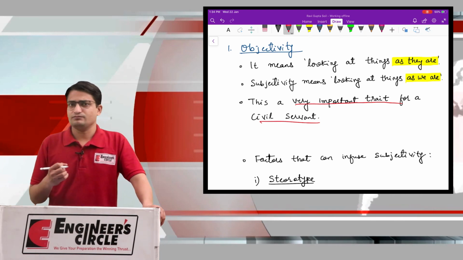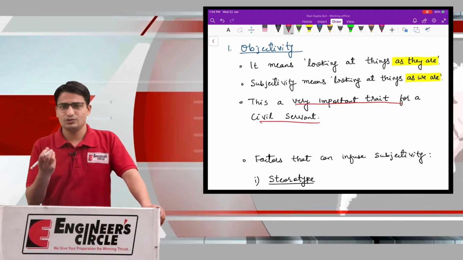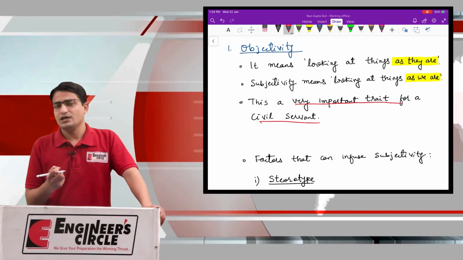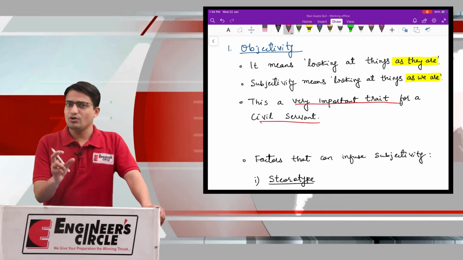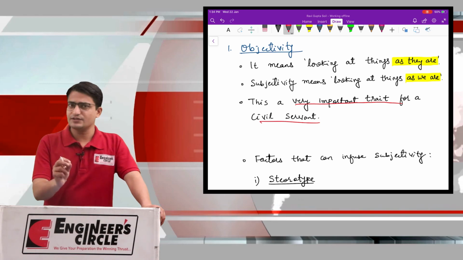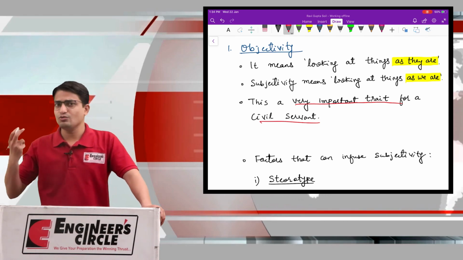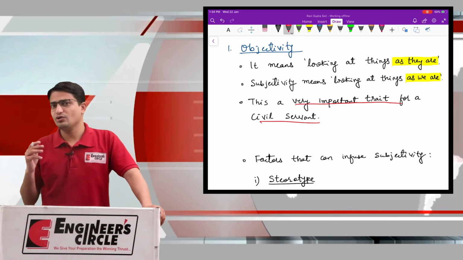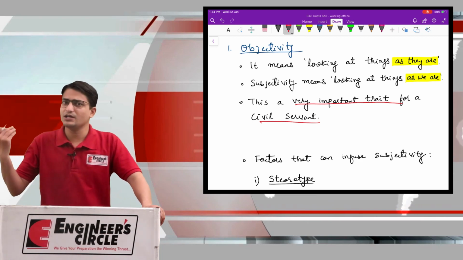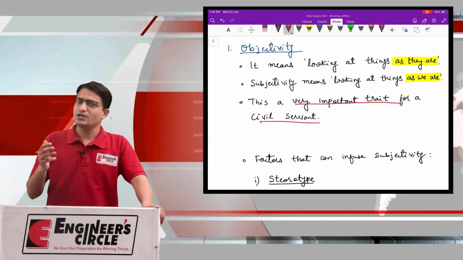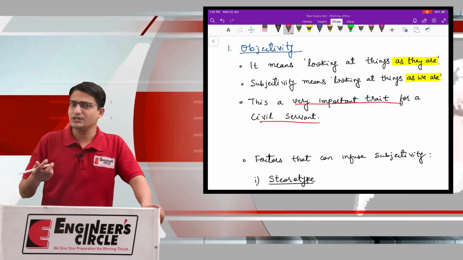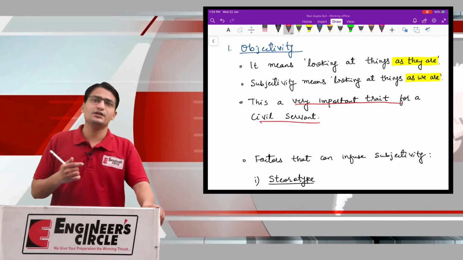Let's say you are dealing with some technology, and instead of taking a decision on the technology objectively, you are observing other aspects of it, that is, you are thinking about all the negatives of it. Why?